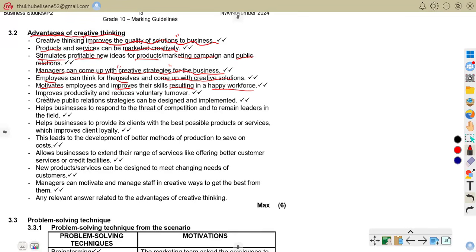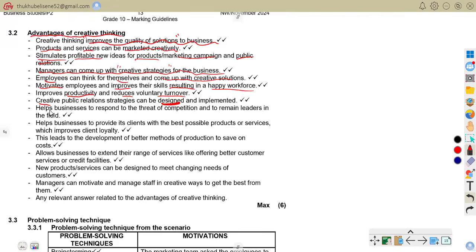It improves productivity and reduces voluntary turnover. Creative thinking improves what? Productivity. Creative public relations strategies can be designed and implemented.